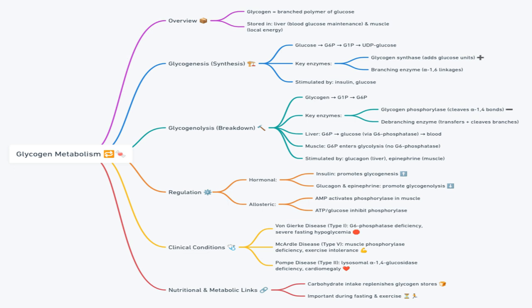With allosteric regulation, glycogen synthase and phosphorylase are regulated allosterically, that is, by the levels of substrate and metabolites. Glycogen synthase is activated by a high concentration of G6P, and phosphorylase is inhibited by high levels of G6P, ATP, and glucose in the liver.